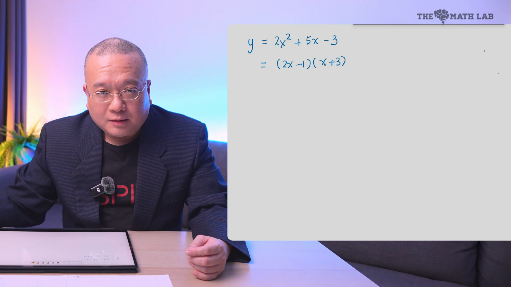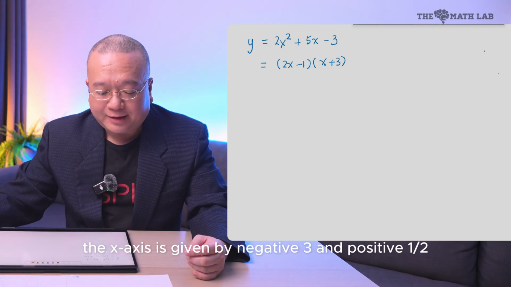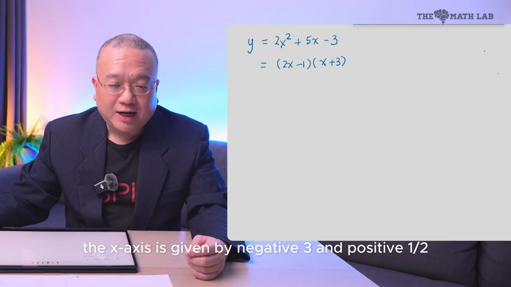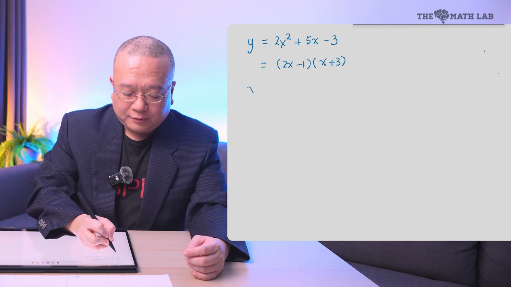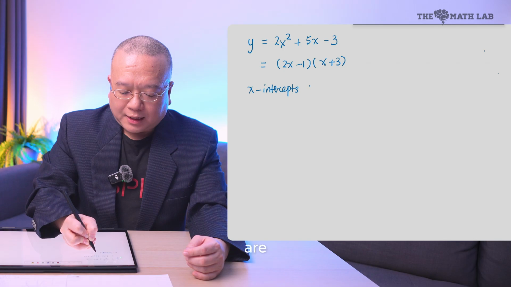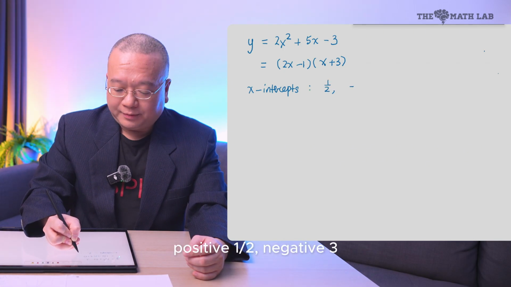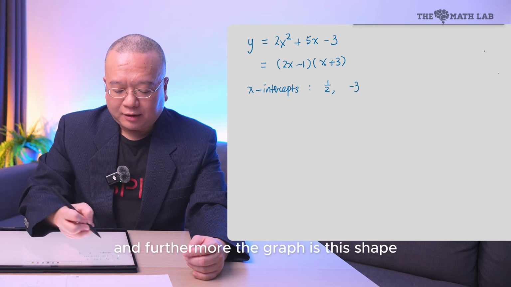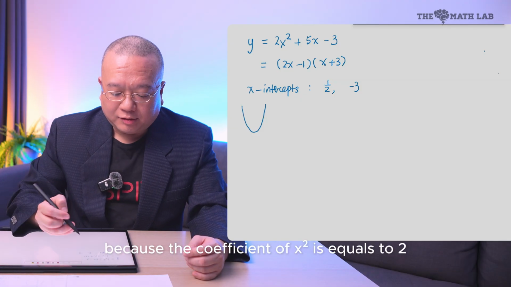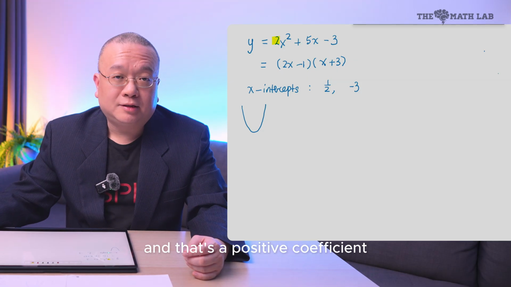The x-intercepts, or the points where the graph intersects the x-axis, are given by negative 3 and positive half. Let me note that down. X-intercepts are positive half, negative 3. And furthermore, the graph is this smiley face shape, because the coefficient of x squared is 2, and that's a positive coefficient.